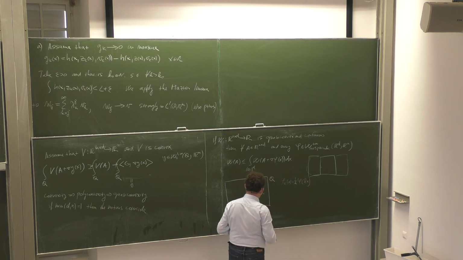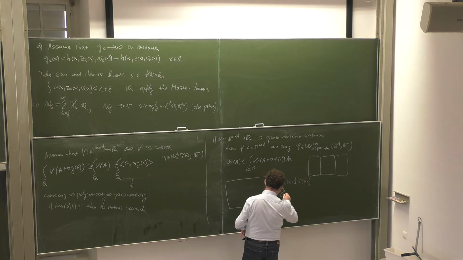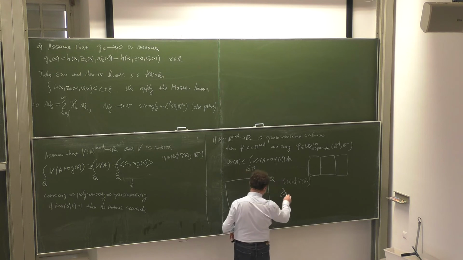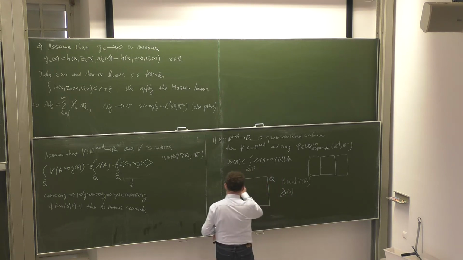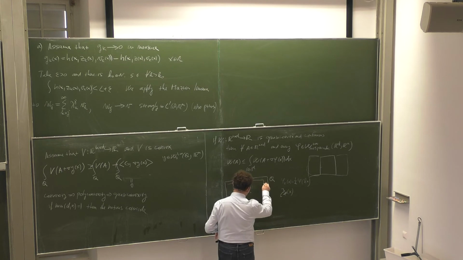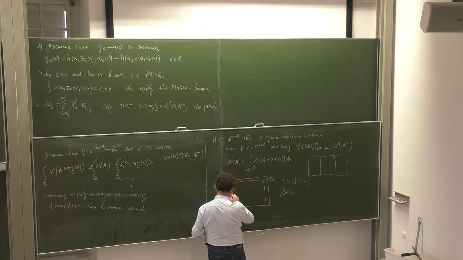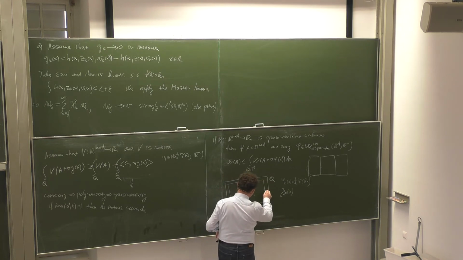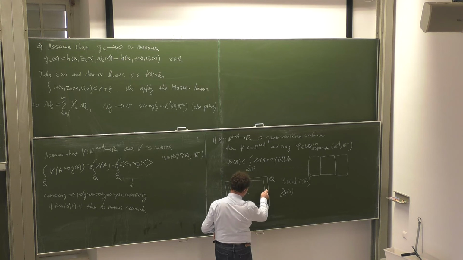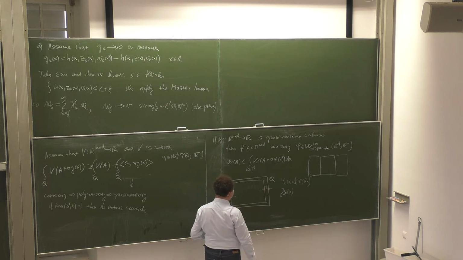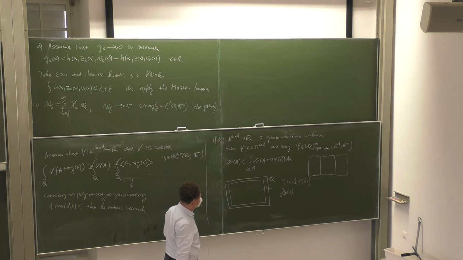And then we take eta L of x. And for the eta L, I take a kind of a rim here. So the thickness of this will be 1 over L, and L will go to infinity.